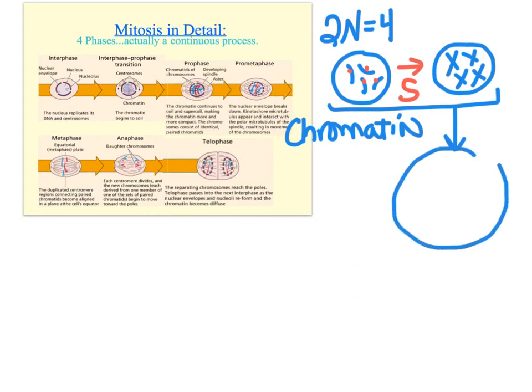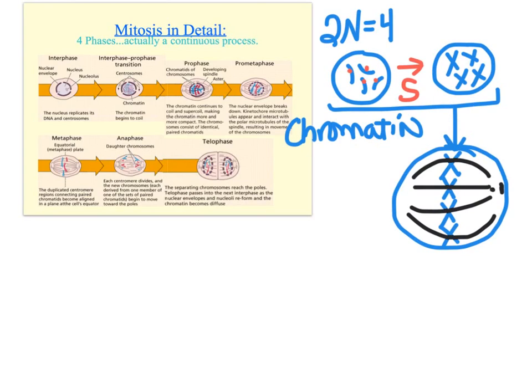Well, those chromosomes, the 4 of them, would line up in a straight line down the middle, the equator, and they would be attached to these fibers called spindle fibers. Looks like this. You have these little centrioles at the ends. And then what's going to happen is the cell, or the chromosomes, are going to get pulled apart.